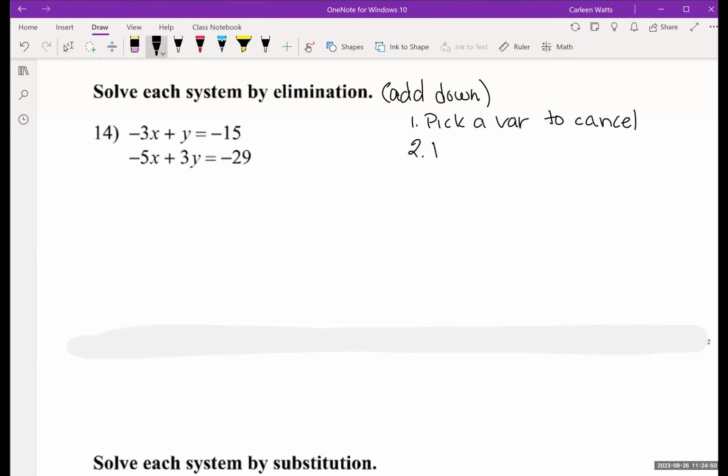We're going to make it match, but it needs to have opposite signs, so that when we add down, it will cancel one of the variables.